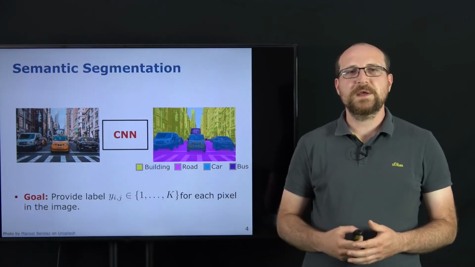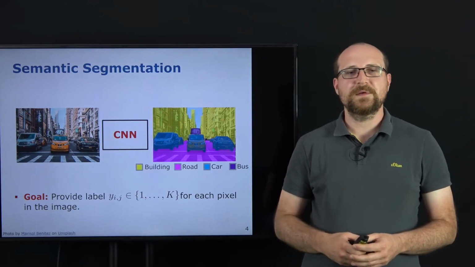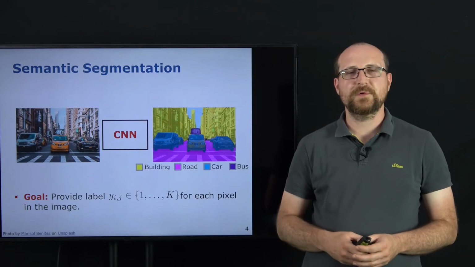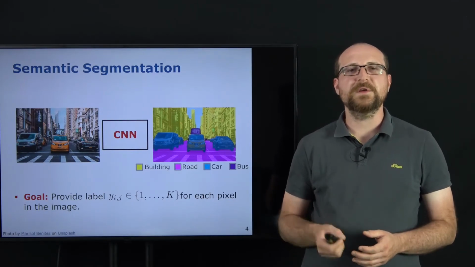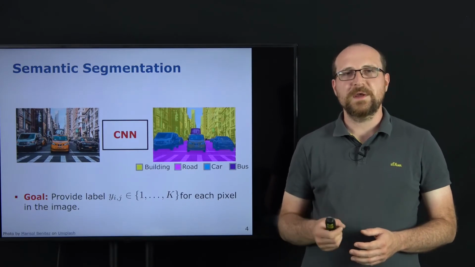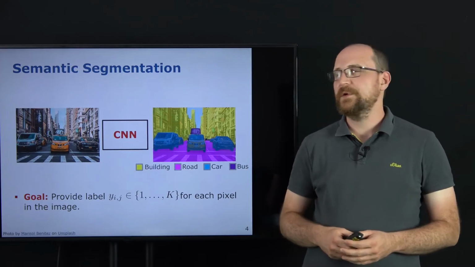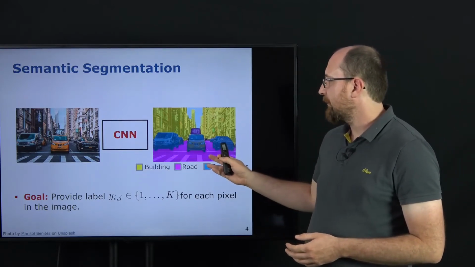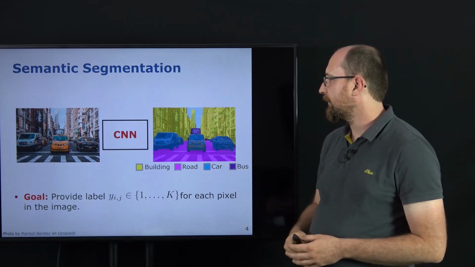To recap semantic segmentation: here we have an image as input, and using a convolutional network we want to output a class for each pixel location. In this case, for instance, the road surface is classified by the purple color, so we are classifying these pixels as road.